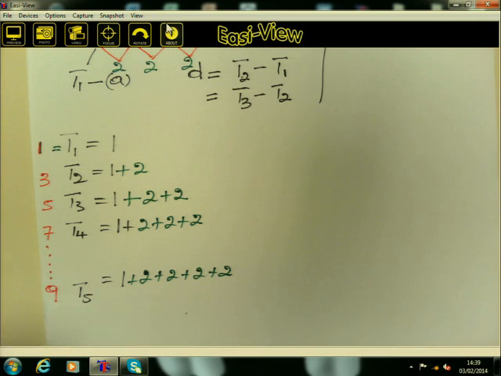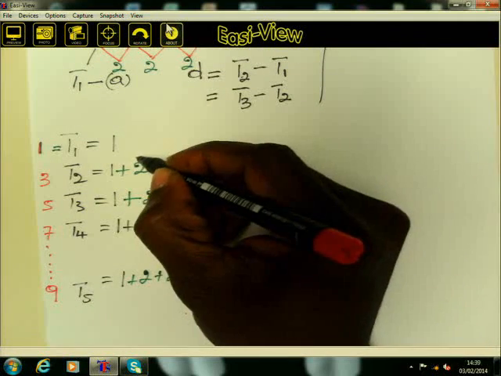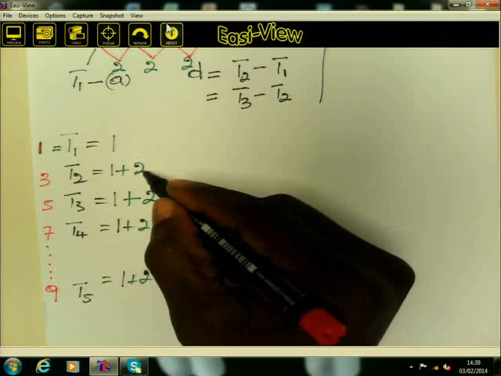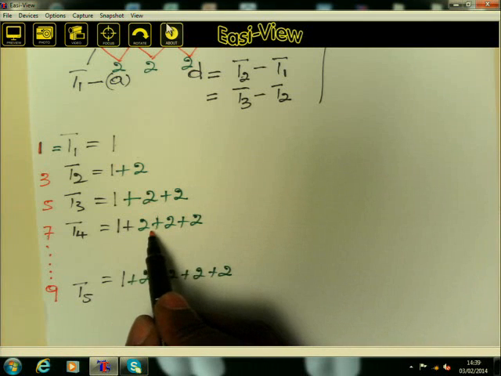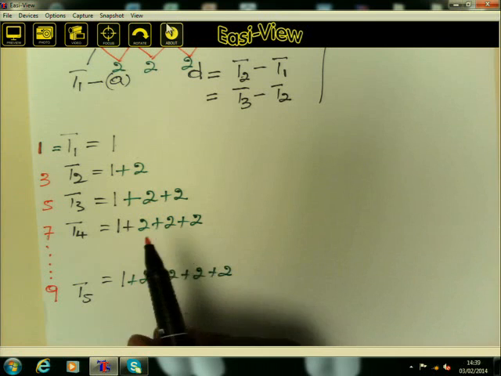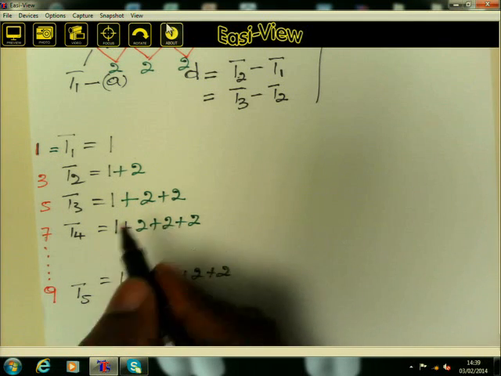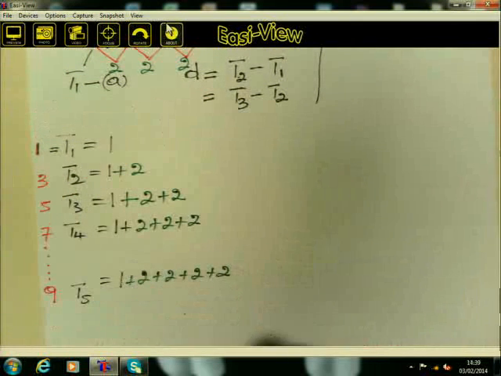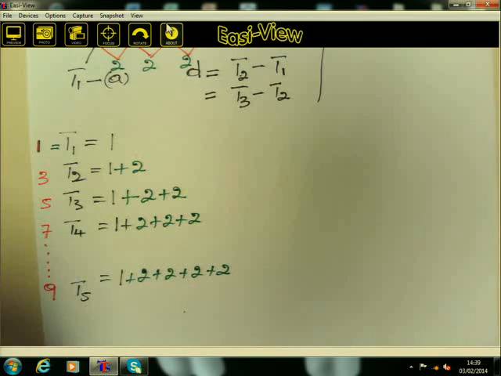If we take this further and look at what has happened in terms of D, we say 1 plus that one, 1 plus 2, which is a difference, 1 plus 2 and 2, which are 2 differences, 1 plus 2 plus 2 plus 2 plus 2, those are the 3 differences. In other words, we can continue up until we get any term that we will be looking for here. Anytime we can be able to get that. But now this is specifically about the sequence that we have.